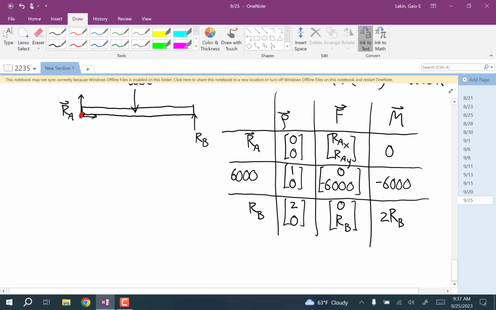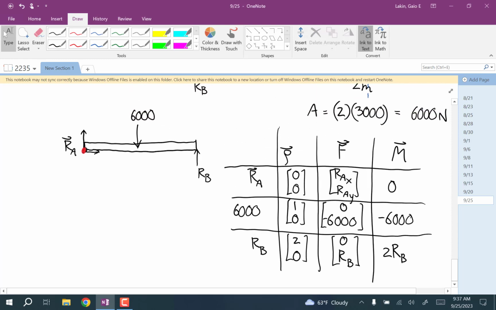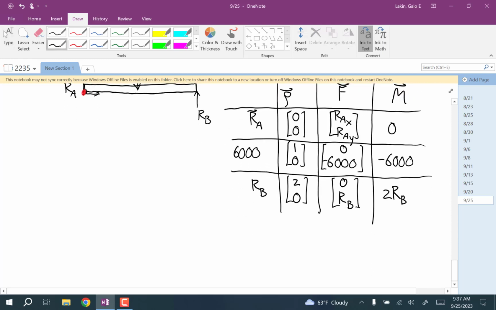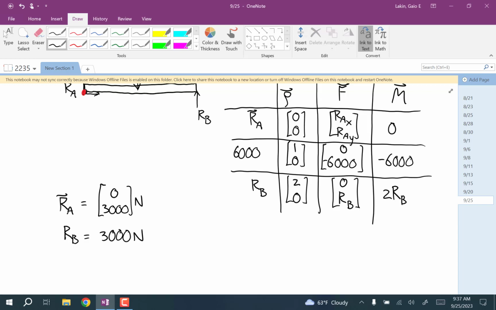And if you go through Newton's laws on that, because of the symmetry of all this, it's just going to come out to say that RA is equal to 0, 3,000. And RB is equal to 3,000. Okay, so the key step is going from that distributed load to the equivalent point load.